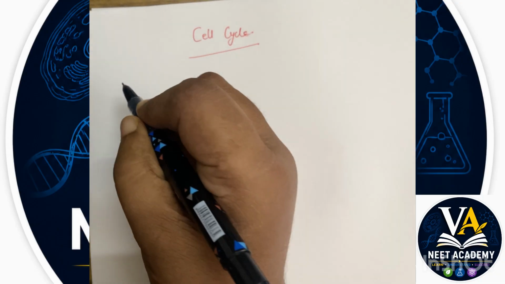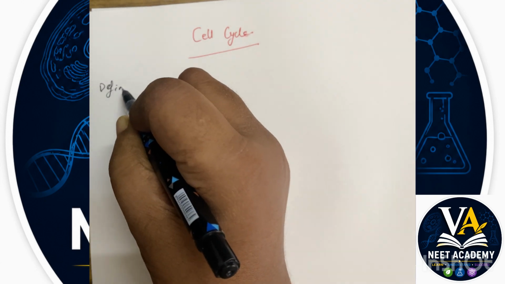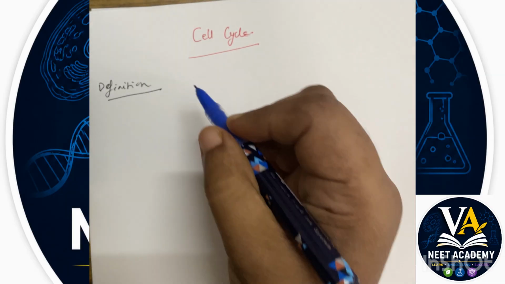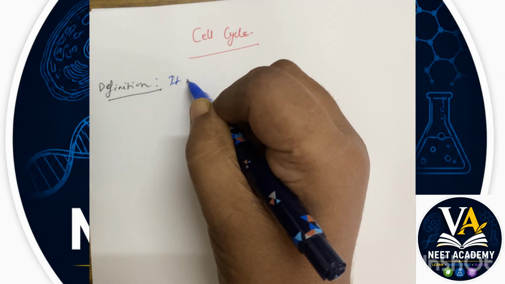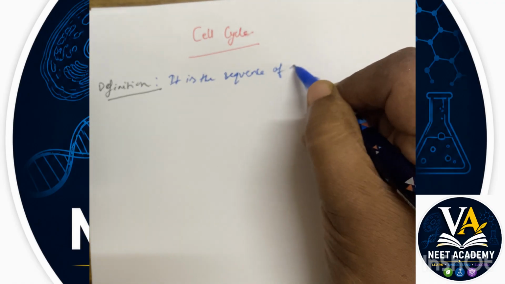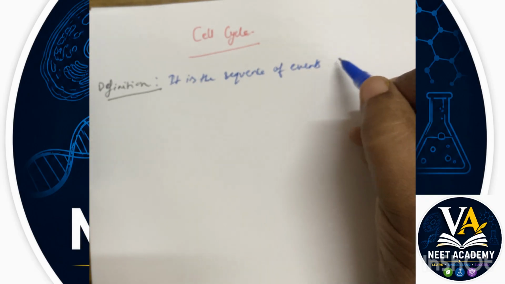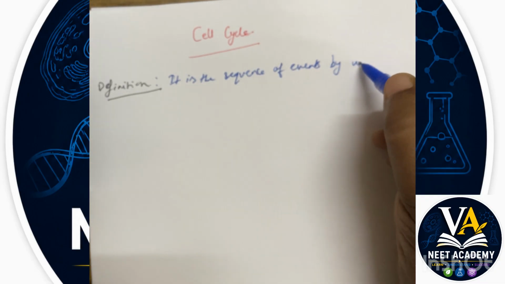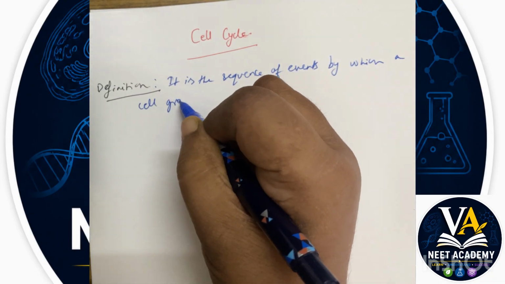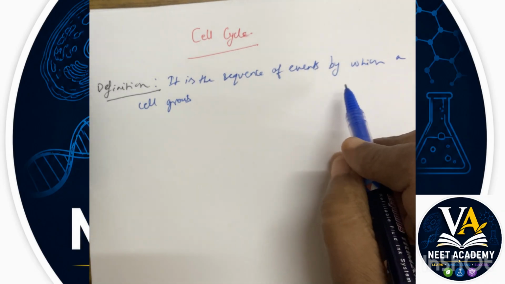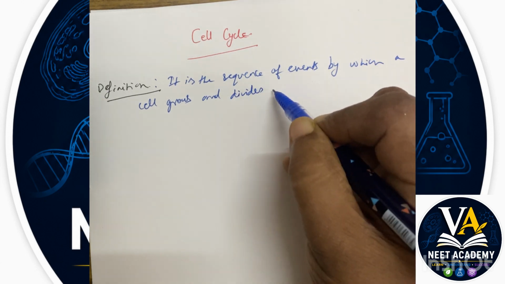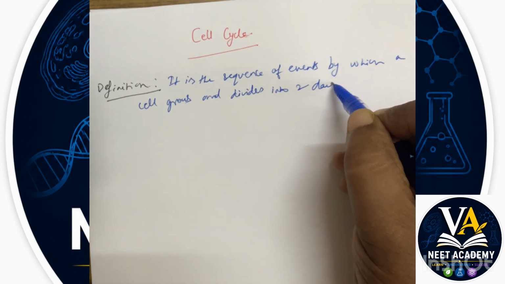So let us begin today's class with the definition of a cell cycle. How will you define a cell cycle? The cell cycle is the sequence of events by which a cell grows and also divides into two daughter cells.